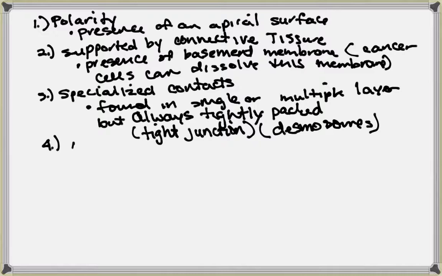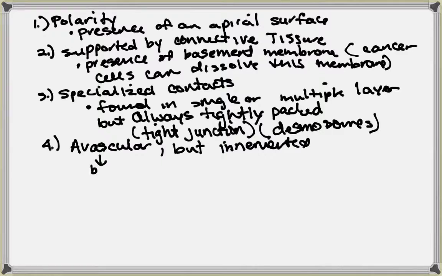They're avascular. But they're innervated. So avascular basically means that they lack blood vessels, right? They essentially get their nourishment through diffusion.